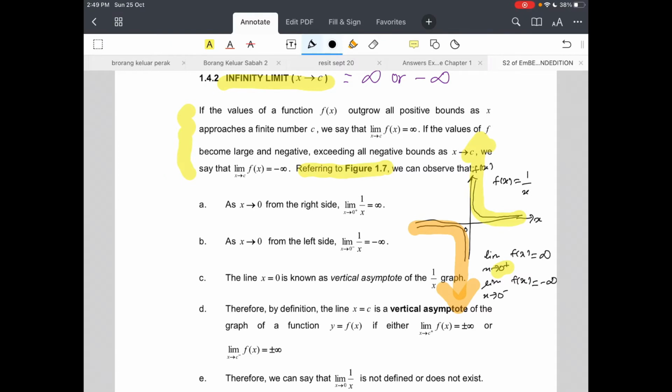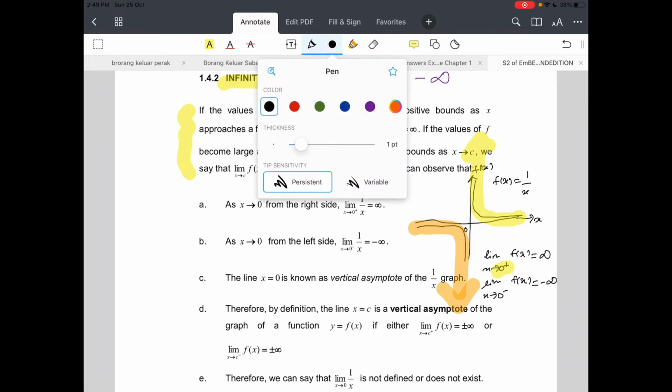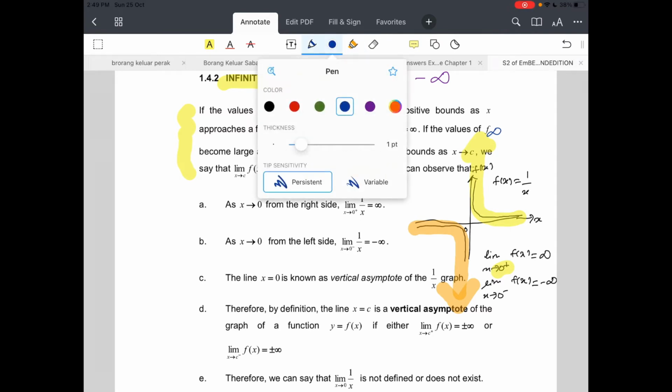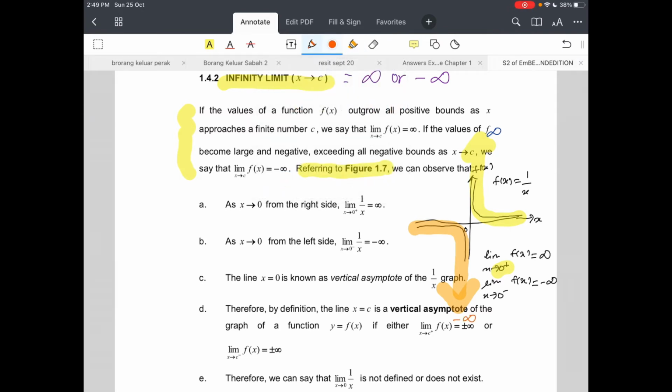So when we're going up here, we will get positive infinity, and when we're going down here we probably get negative infinity. So these are the things that we need to understand.